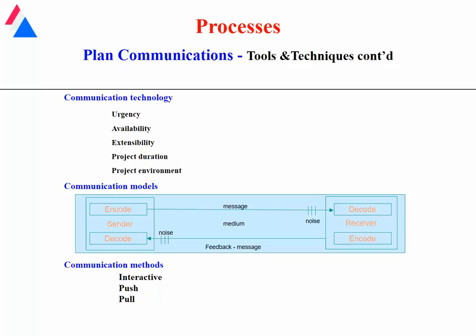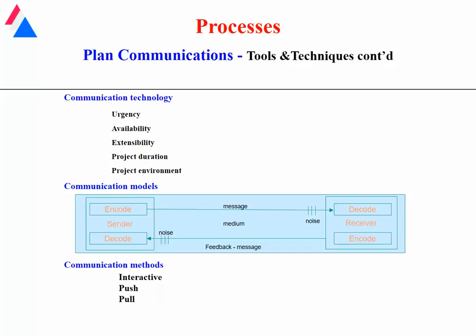In the actual communication planning, more tools and techniques would be basic technology, the urgency, the availability, and extensibility: how can the technology be extended to address different methods of communication.